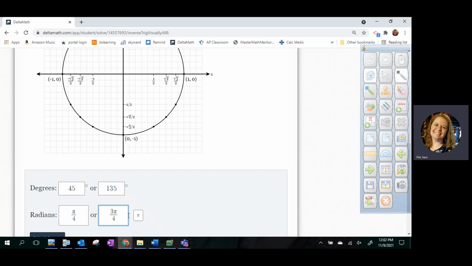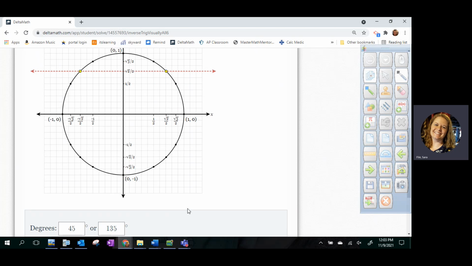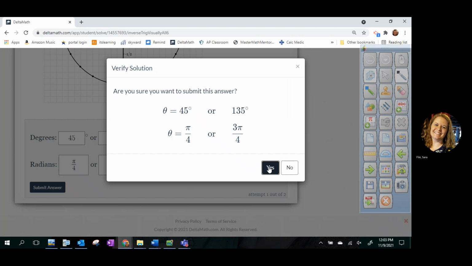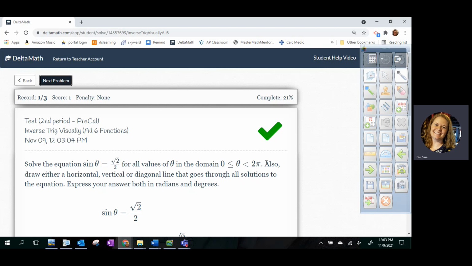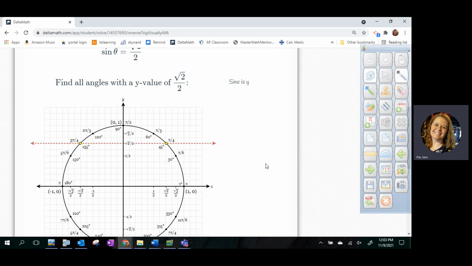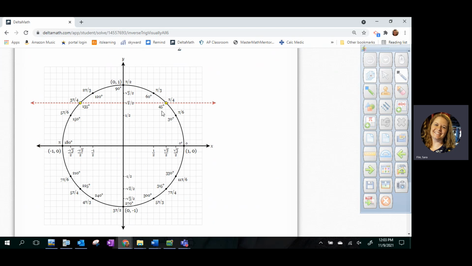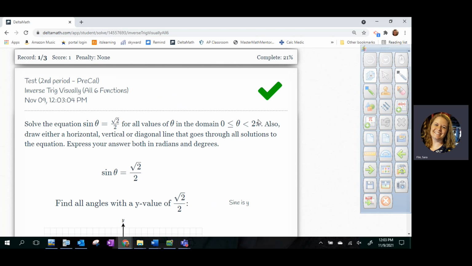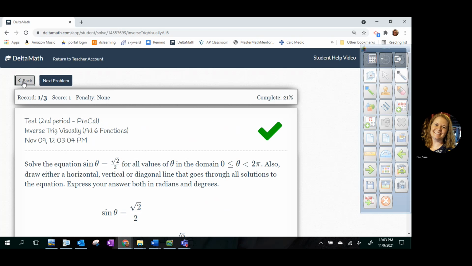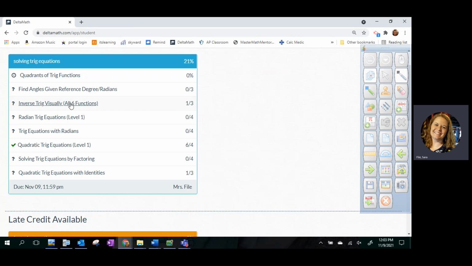Okay, so that's the quadrant 1 and quadrant 2 angles, where that's the sine value. So we got that one right. Okay, you can see they've filled in those values now. Does that make sense for that type of question? Okay, you have to do 3 from that section. Okay, so that's just practicing answering where on the unit circle is this value.